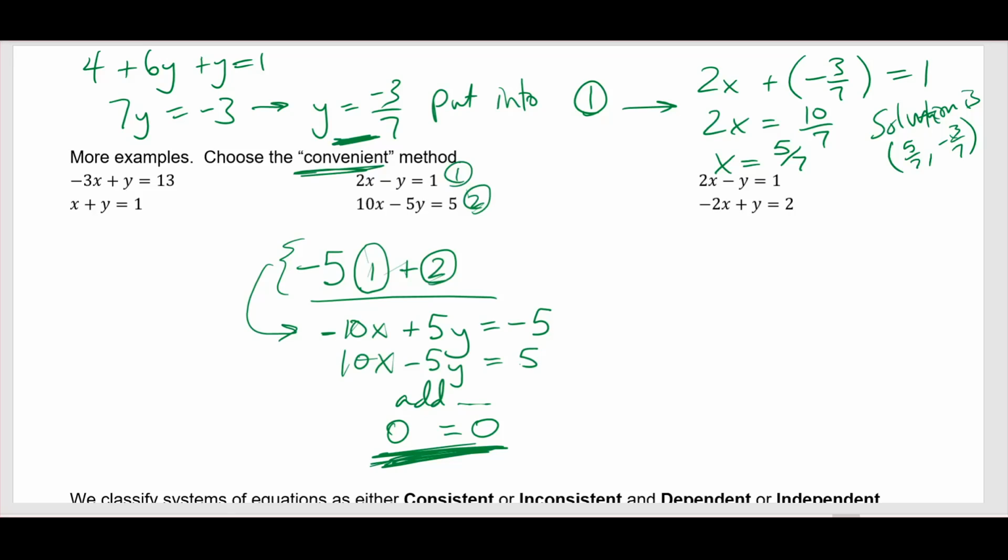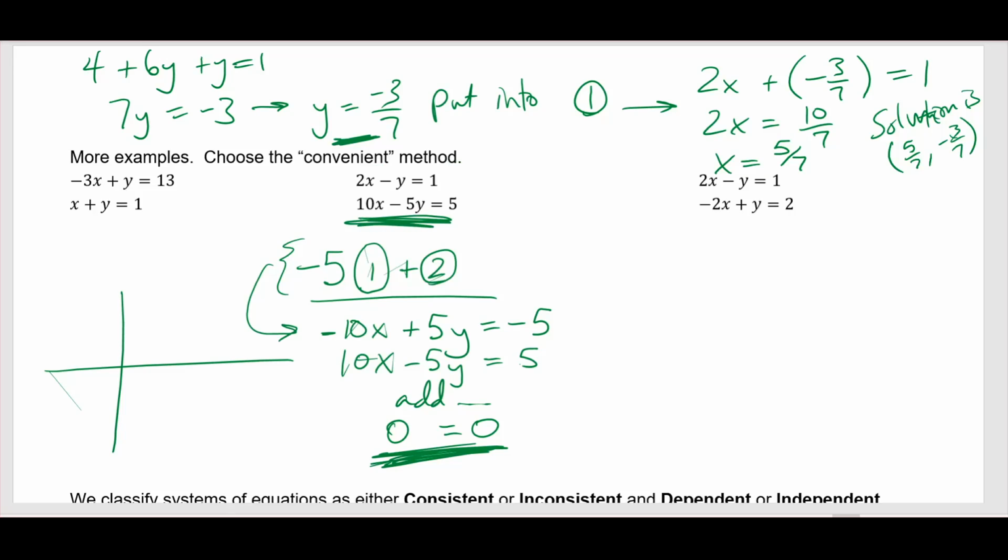So we're not going to have all the real numbers be solutions. And thinking about this further, if we were to draw a picture of this, maybe we're not exactly sure what the lines look like, but what we could do is take equation 2 and divide all these by 5.